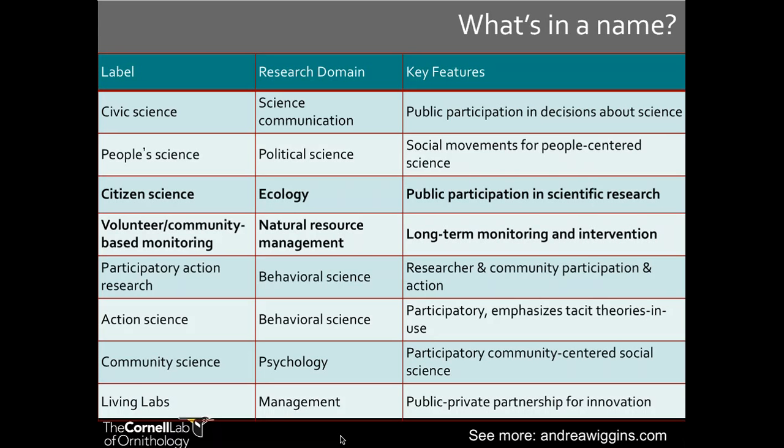And this table provides some key features of these different types of activities where the public engages in science, and also the primary discipline or research domain that they occur in. So the two that we'll be focused on in this conversation are the one that we're labeling as citizen science and volunteer community-based monitoring.